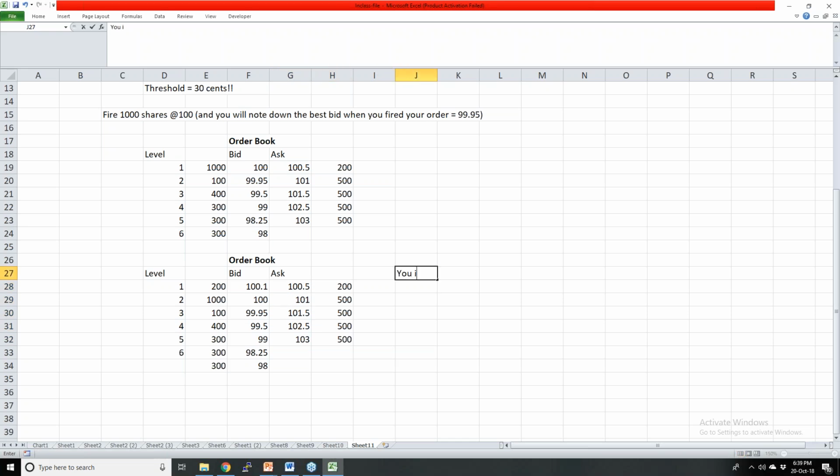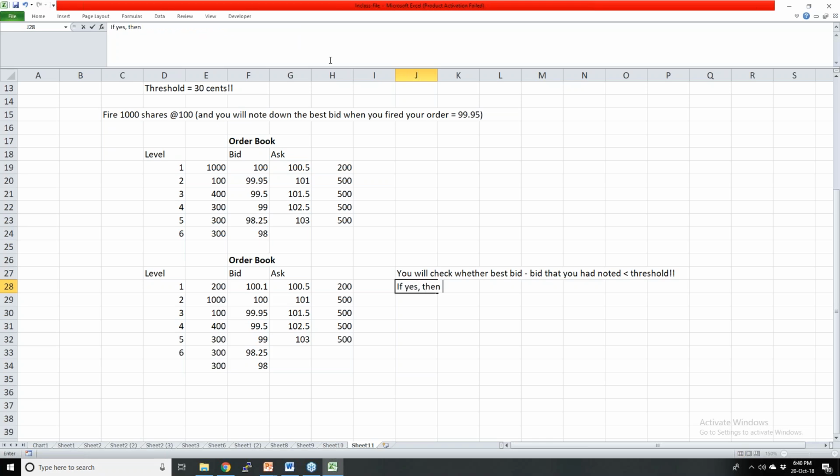What you will do is you will check whether the new best bid minus the bid that you had noted is greater than the threshold, or is less than the threshold, right?